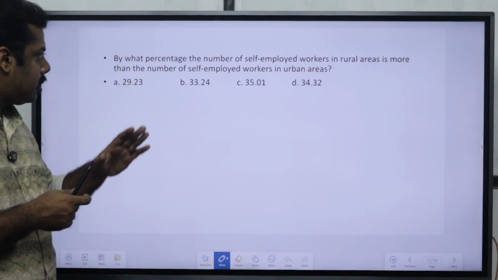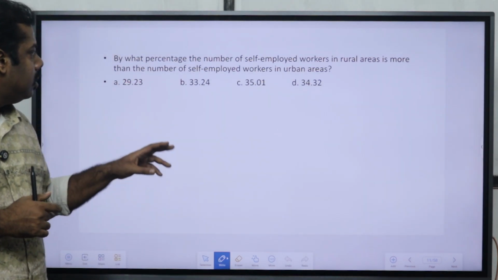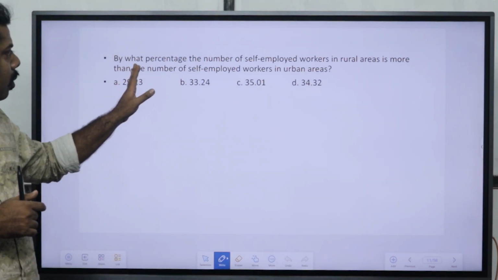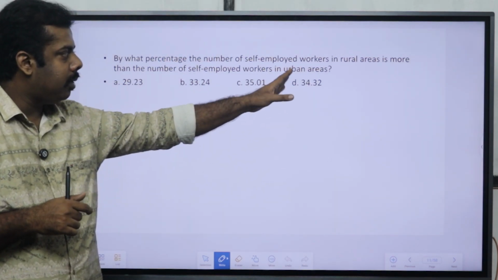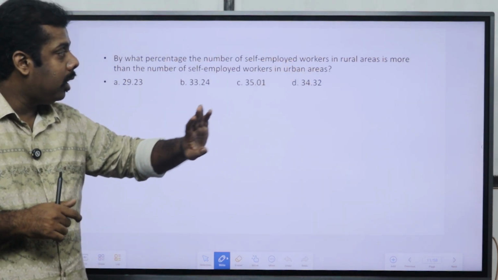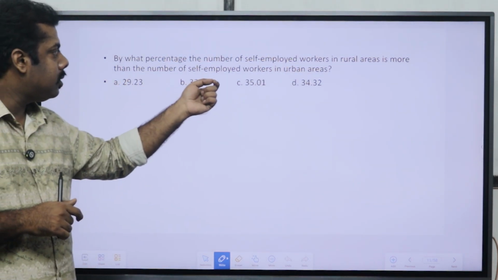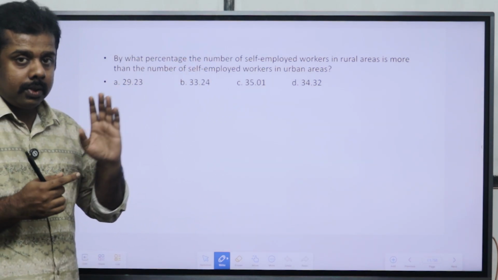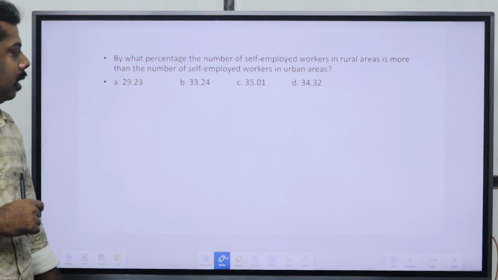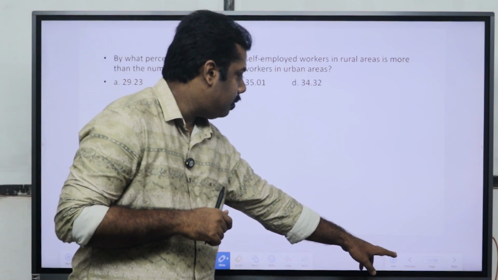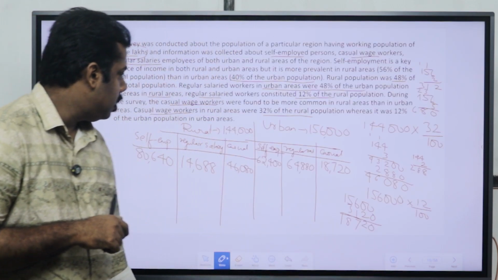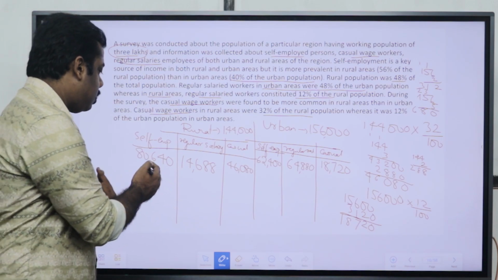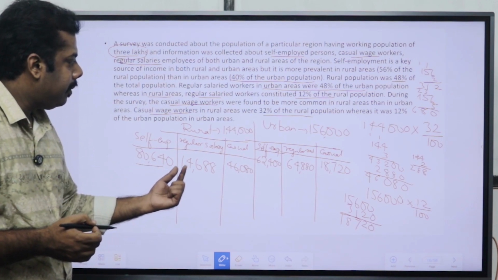Now we can discuss a few questions which are there here. First question: by what percentage is the number of self-employed workers in rural areas more than the number of self-employed workers in urban areas? So percentage wise they have asked. Going back to the data, self-employed workers in rural areas were 80,640.